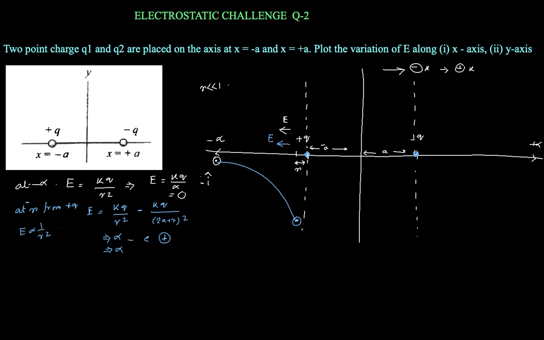Now what is the electric field at plus q charge at a distance approaching towards the positive x? This is towards the positive x. So this is again r distance. So what is the electric field?